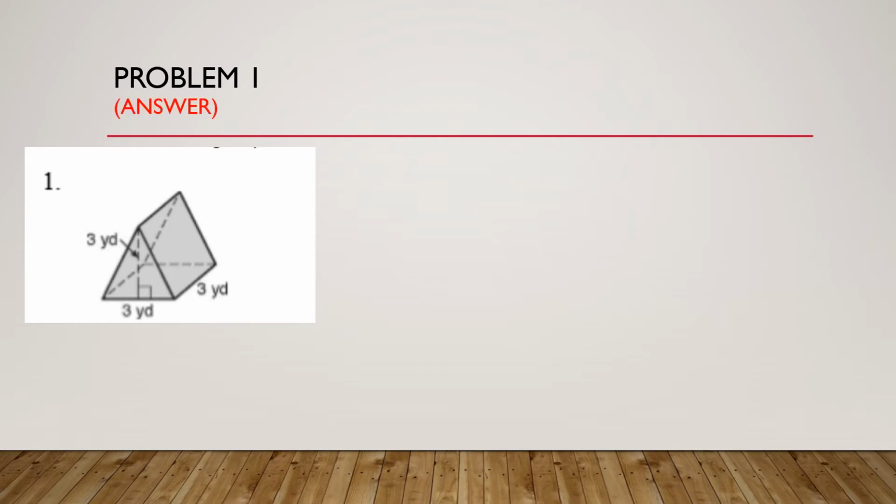So in this one, we have a prism. Remember, a prism is where we have parallel faces that are then connected. In this case, it's a triangular prism. We know the formula for volume is area of the base times the height.